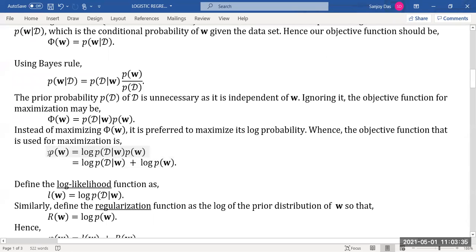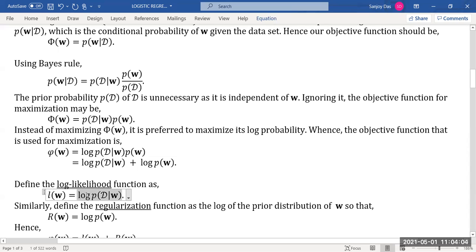So we have two terms in the objective function that we want to maximize. This is our objective function. Now, this L of W is the first term here, which I told you is the log of the likelihood. So we call it the log likelihood function.